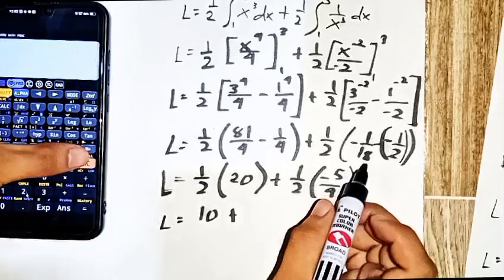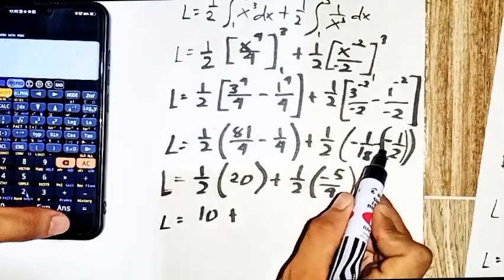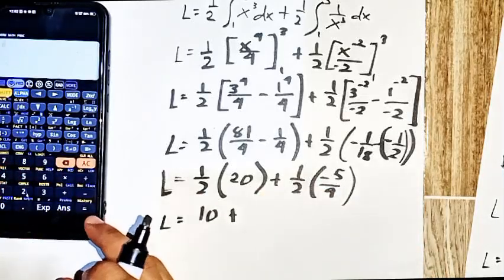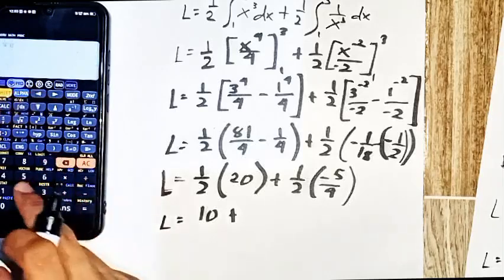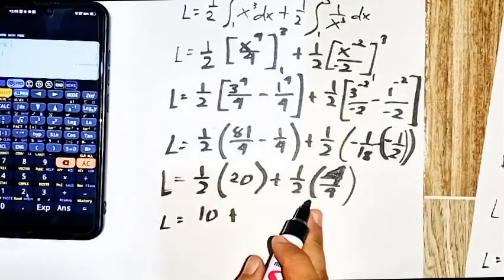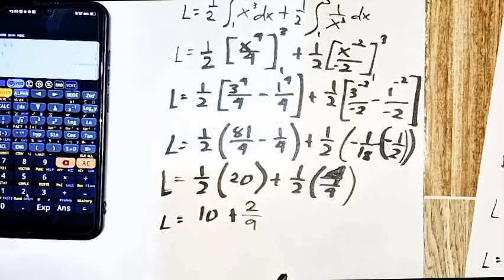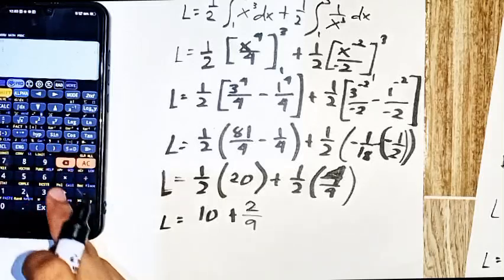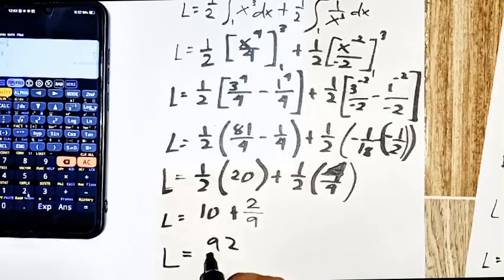And there should be negative 1 over 18 plus 1 half here. So negative 1 over 18 plus 1 half, we have 4 over 9. Here, 4 over 9, sorry. So 1 half times 4 over 9, we have 2 over 9. And 10 plus 2 over 9, which is L equal to 92 over 9.